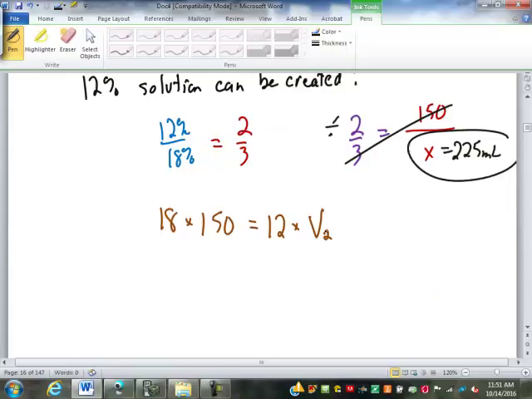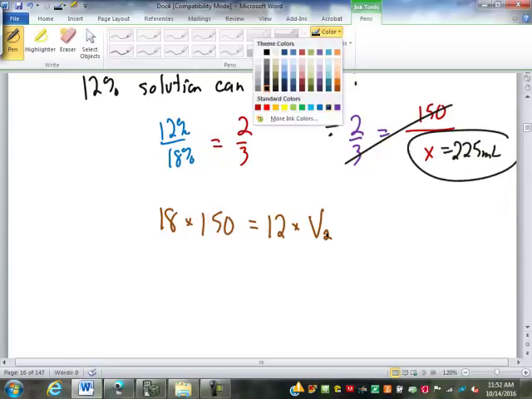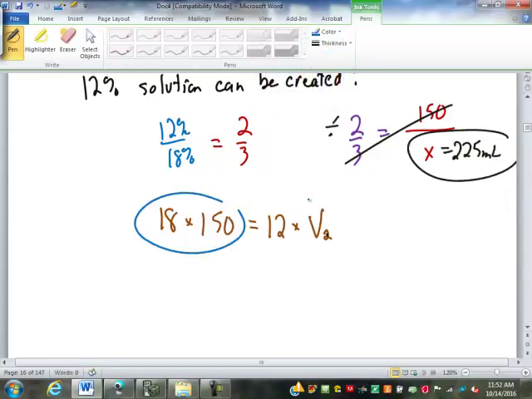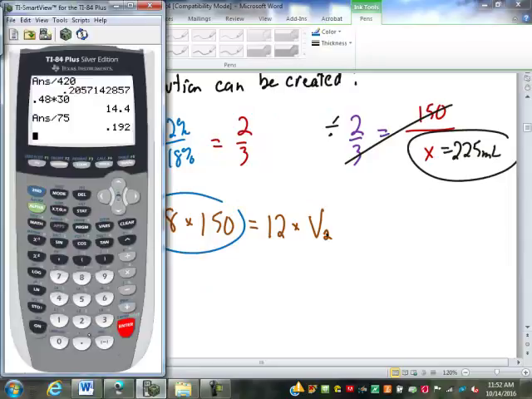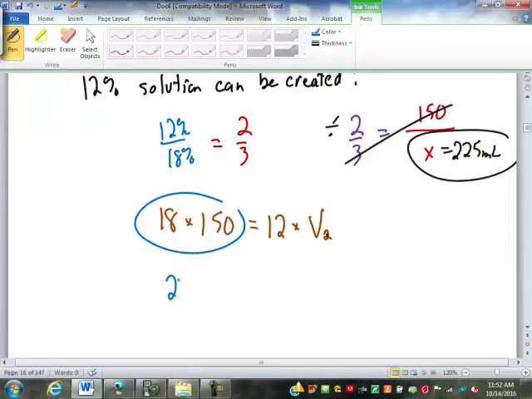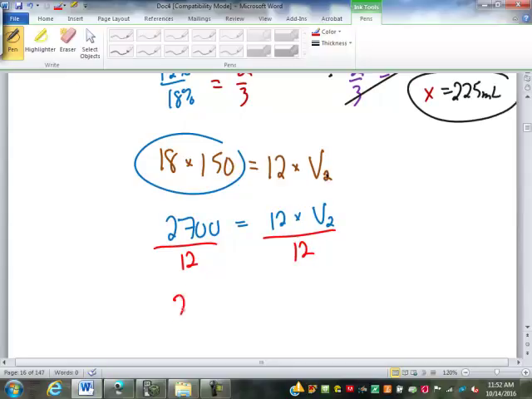Now, mathematically, that 2 there does nothing. That's just indicating that's the new volume instead of the old volume. To solve this, I'm going to multiply my 18 times 150, which is, what, 2,700? Equals 12 times V2. And then I'm going to divide by 12. 2,700 divided by 12 is 225. So that new volume is 225 milliliters.